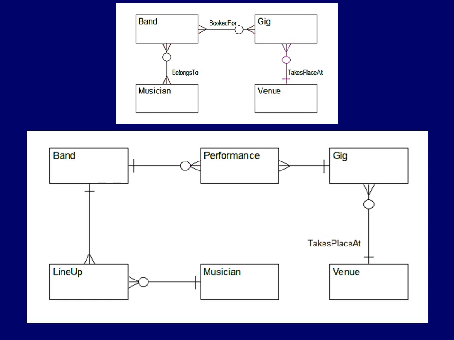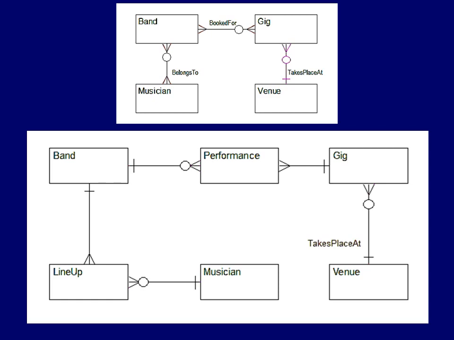Well, probably lineup is what musicians would use about the relationship between musicians and band. And then what between band and gig? Well, here it says performance. Later on I'm going to use the word spot because I got mixed up. Performance or spot. Anyway, it's an intersection entity that started off as X.